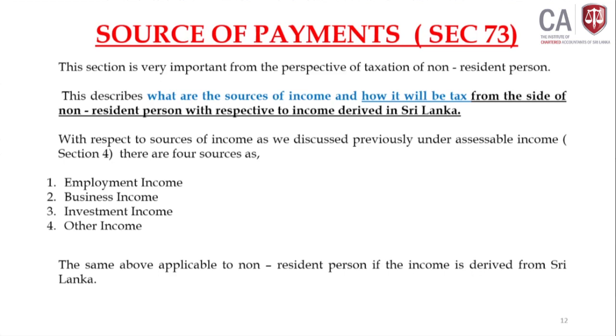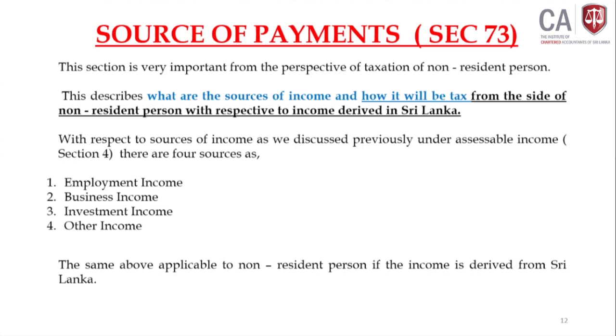This section is very important from the perspective of taxation of a non-resident person. It describes what the sources of income are and how they will be taxed. Now, the how it will be taxed part I will take separately with the discussion of the double taxation treaty.